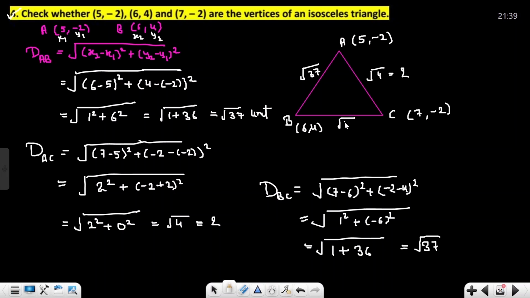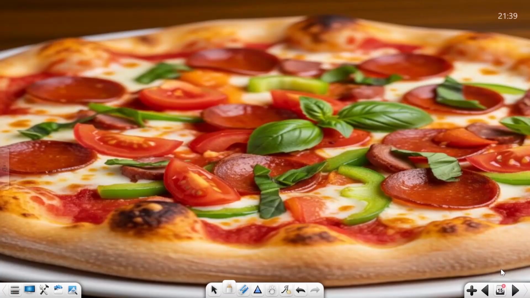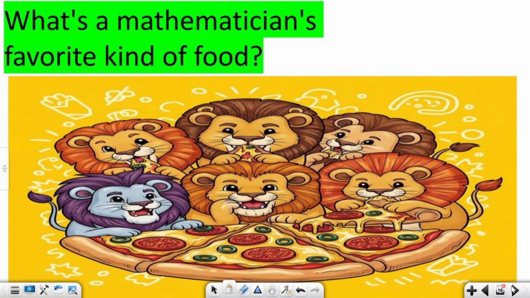Here we get root 37. Now two sides are equal. We can say AB is equal to BC. Yes, it is an isosceles triangle. Do you understand? If the examiner asks about an equilateral triangle, it means all sides are equal.